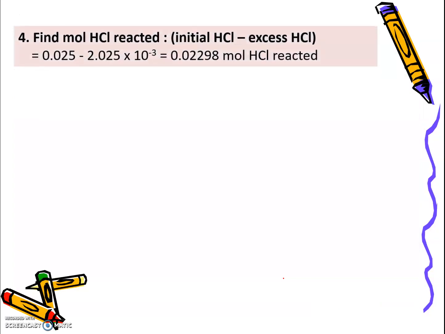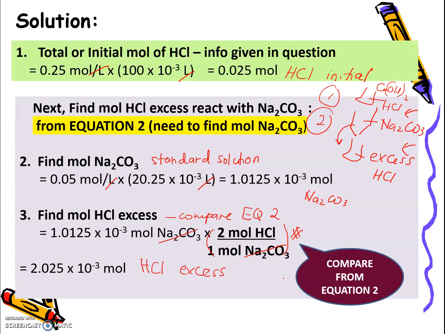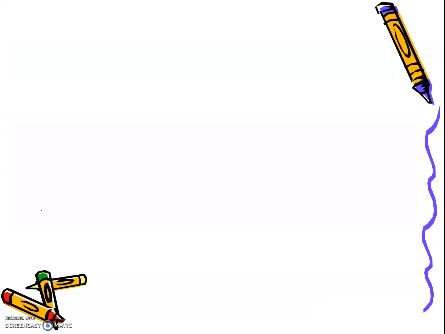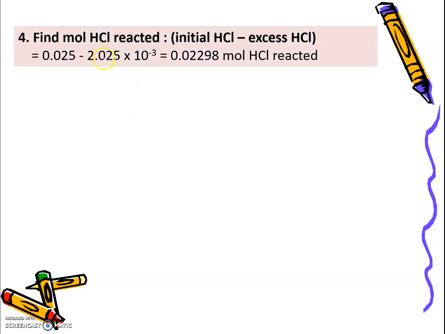step number 4. Since we have calculated the initial HCl and excess mole of HCl, in step number 4 we can find the number of mole reacted. The formula is initial mole HCl minus excess mole HCl, to know the mole of reacted HCl.